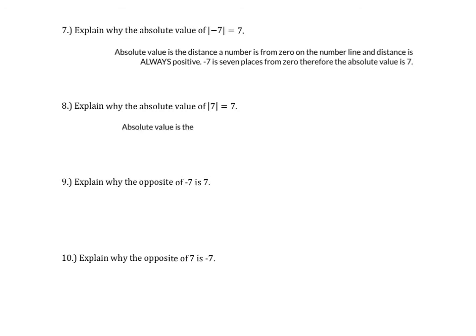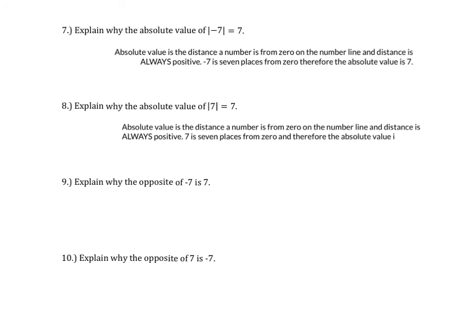Absolute value is the distance a number is from 0 on the number line, and distance is always positive. 7 is 7 places from 0, and therefore the absolute value is positive 7. So again, negative 7 and positive 7 are both 7 places from 0, and so therefore for both of them, the absolute value is 7.